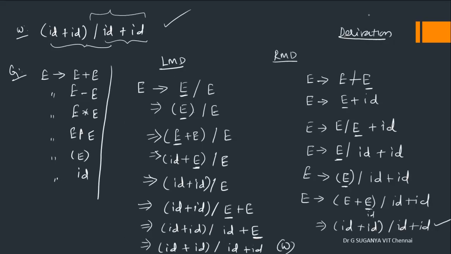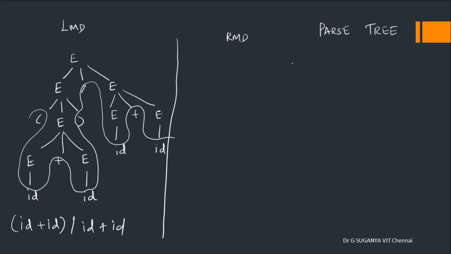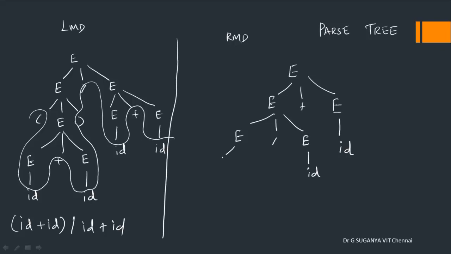Just have a look at the RMD that we have used. Let us draw the parse tree for that. So it is e plus e. Fine. So again this e will get expanded to id and this will get expanded to e slash e. So this will get expanded to id. So this has to get expanded to within bracket e.